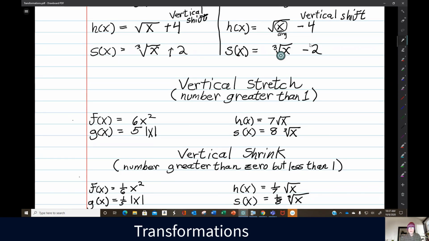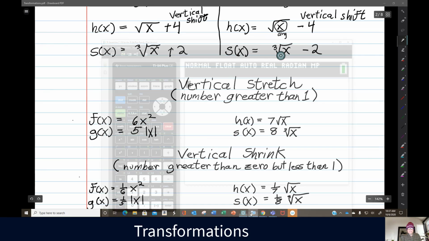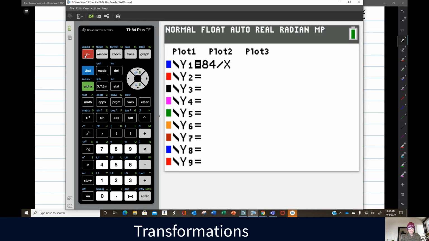You can have a vertical shift up with a plus, or you can have a vertical shift down with a minus. That's not negative, it's a subtraction. Okay, it's as straightforward as that.